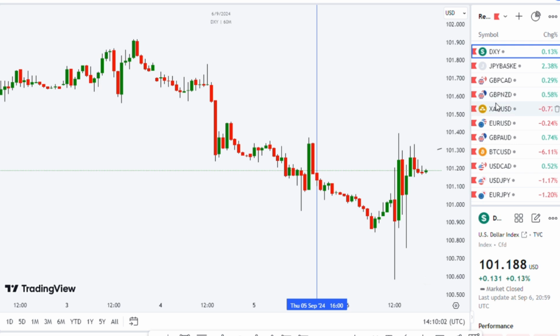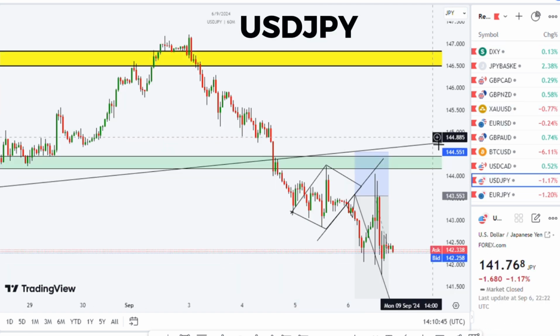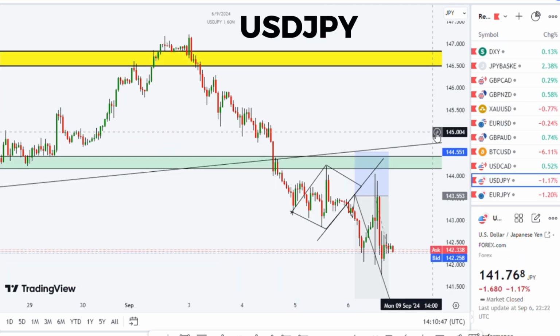So let's take another currency that has USD as a base currency. Let's take USD JPY, 5th September at 4 p.m. Let's see what we've got.